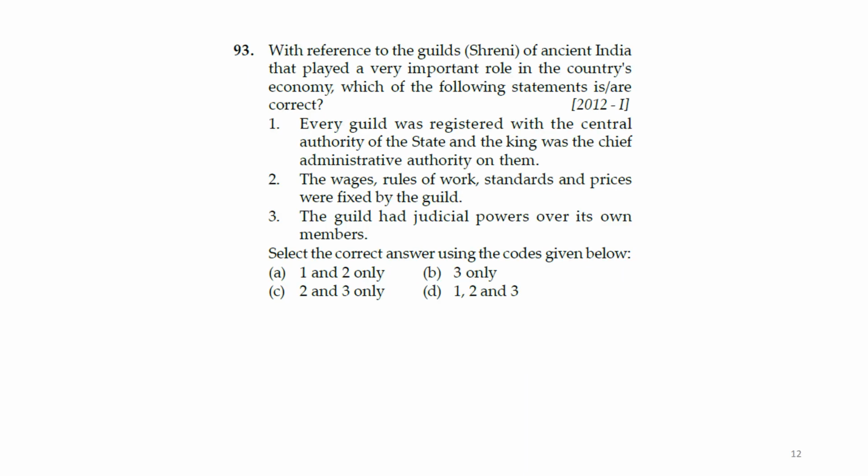Next, with reference to the guilds of ancient India that played a very important role in the country's economy, which of the following statements is correct? Every guild was recognized with the central authority of the state, and the king was the chief administrative authority of them.